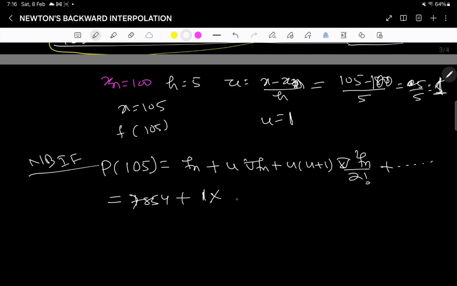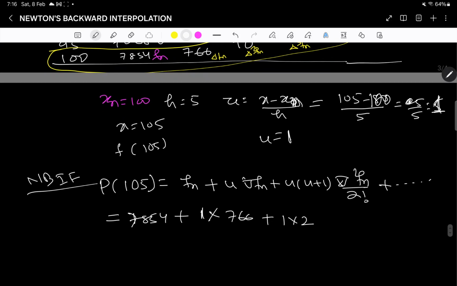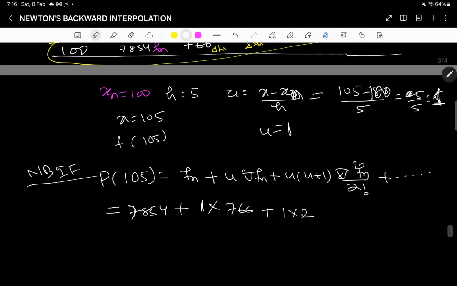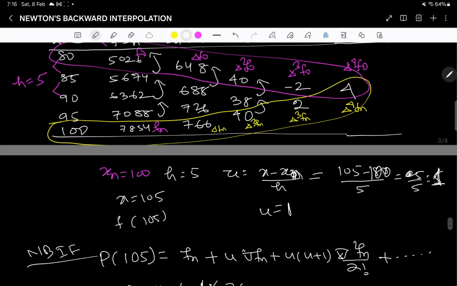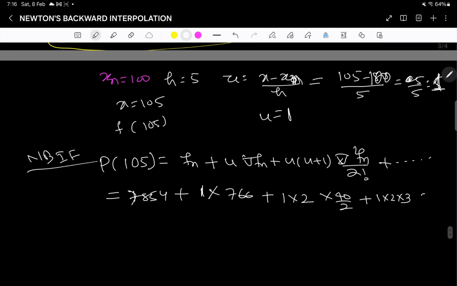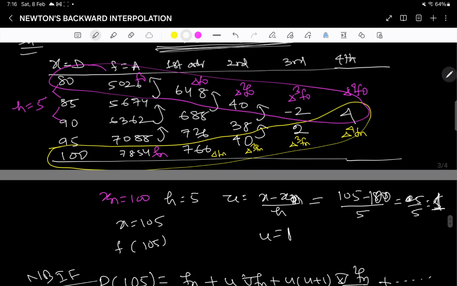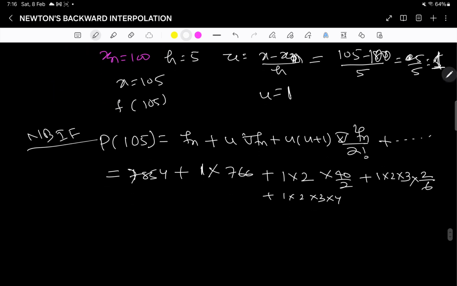So if you calculate, it is 1 into Fn is my 766, then it will be 1 into 2, and here del square Fn is 40 by 2, then plus 1 into 2 into 3, del Qfn is here 2, 2 by 3 factorial means 6, then plus 1 into 2 into 3 into 4, del 4th Fn is my 4, it is 4 into 4 by factorial 4, 24.